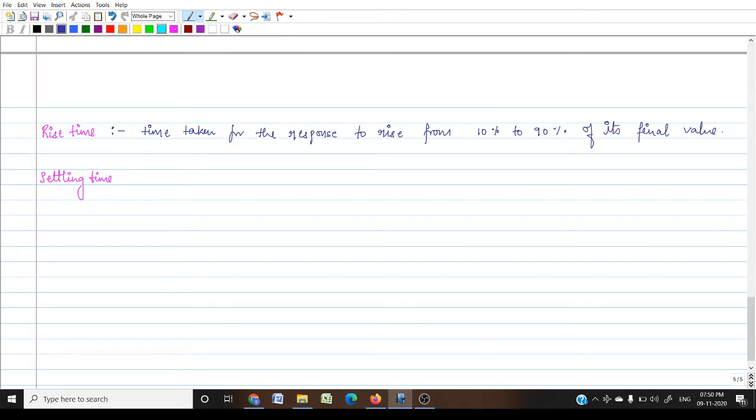Okay, so coming to settling time, we have already defined the settling time. It is the time required to reach and stay. This is important, to reach and stay.